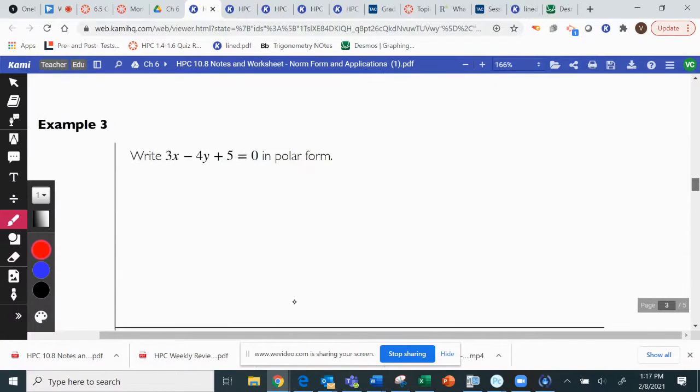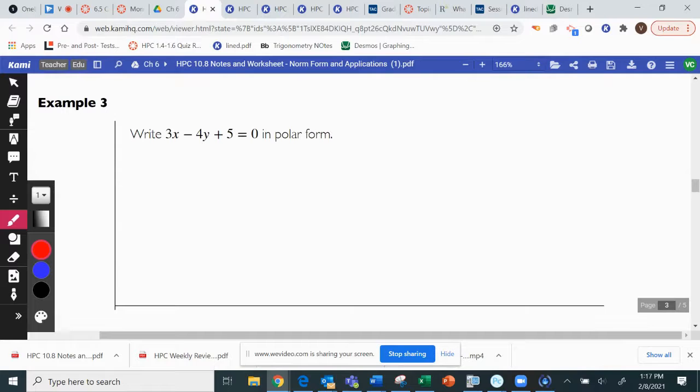So here's our example 3. Write 3x minus 4y plus 5 equals 0 in polar form. So we're going to go through the normal form to get to polar form. So first of all, let's find the normal form. To do that, we're going to decide by the c value being positive that we're going to use either positive or negative square root. It's going to be negative.